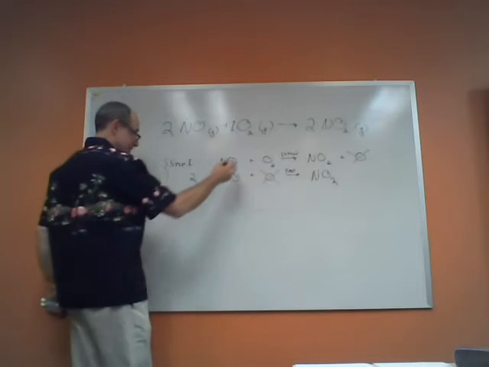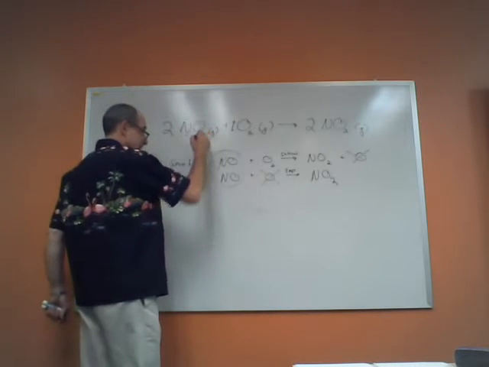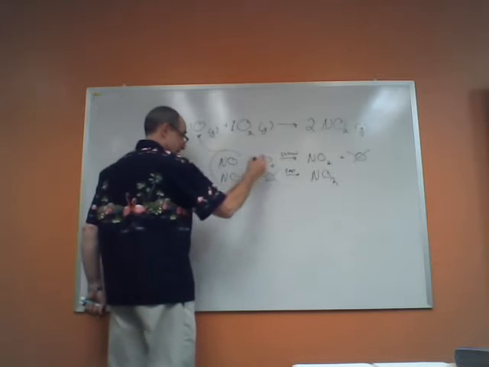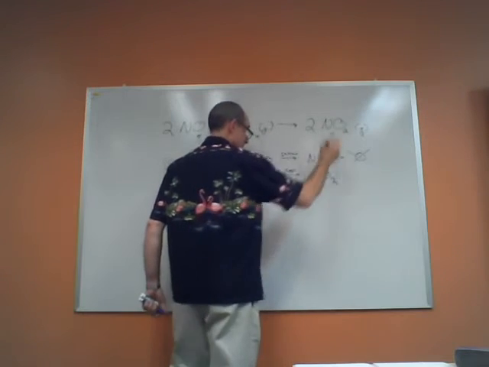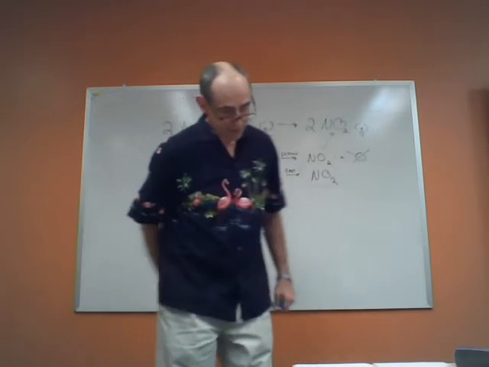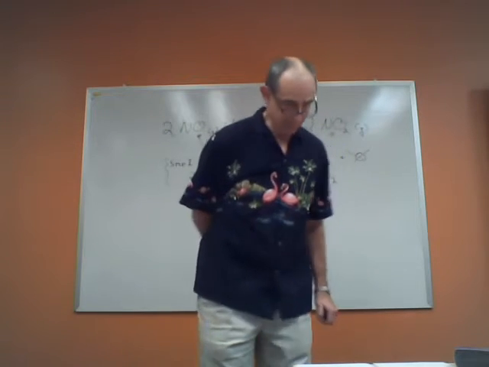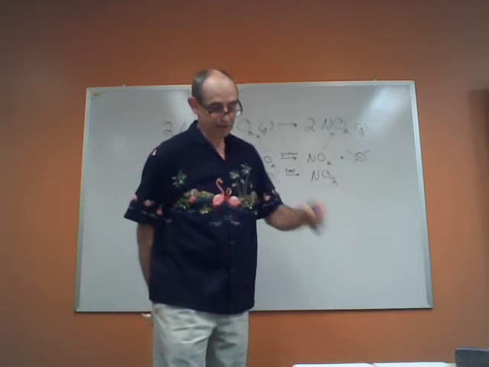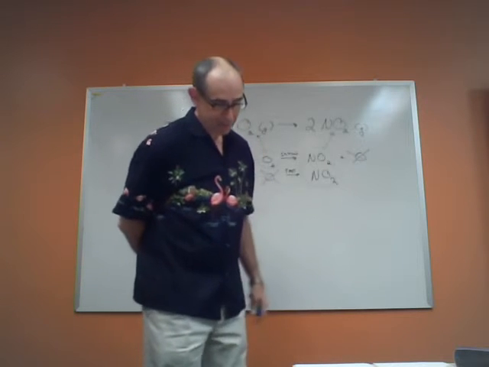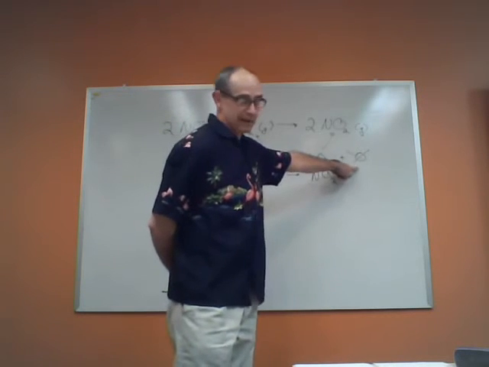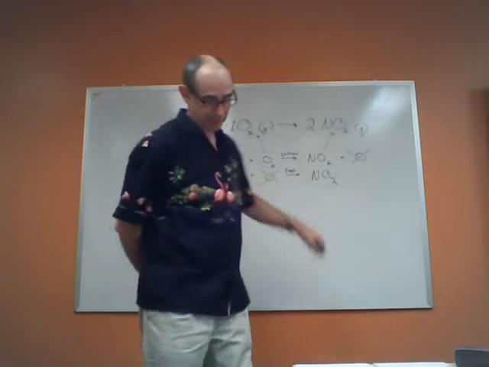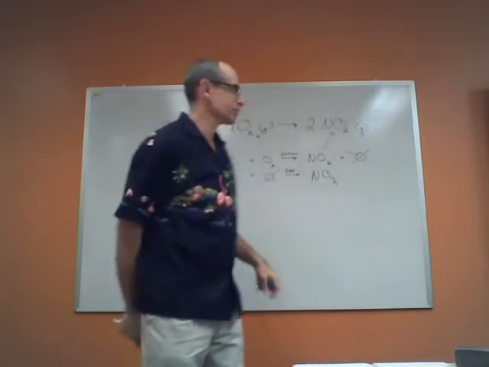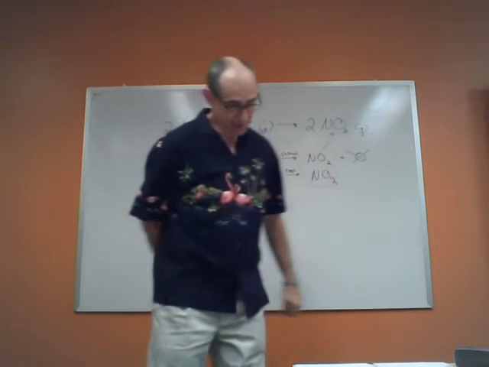And that disappears, and I'm left with two nitrogen monoxide molecules reacting with one oxygen molecule to form two NO2 molecules. The question asks you to identify the intermediate species in the reaction mechanism, and that would be the thing that is made in an early step and then used up again, so it never appears in the overall equation.